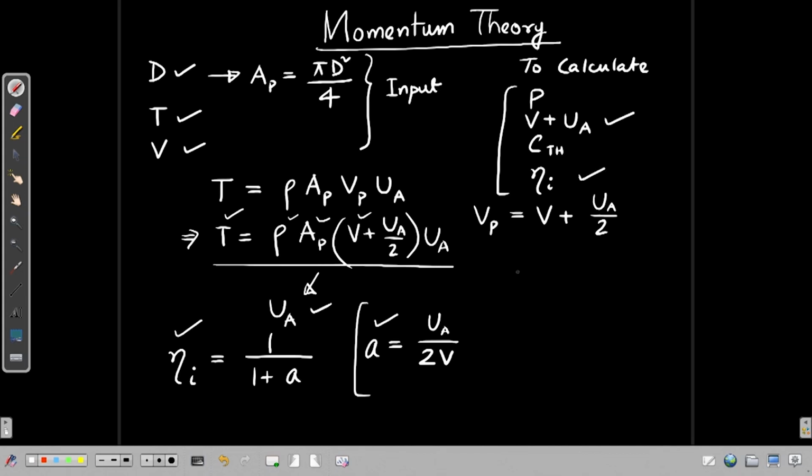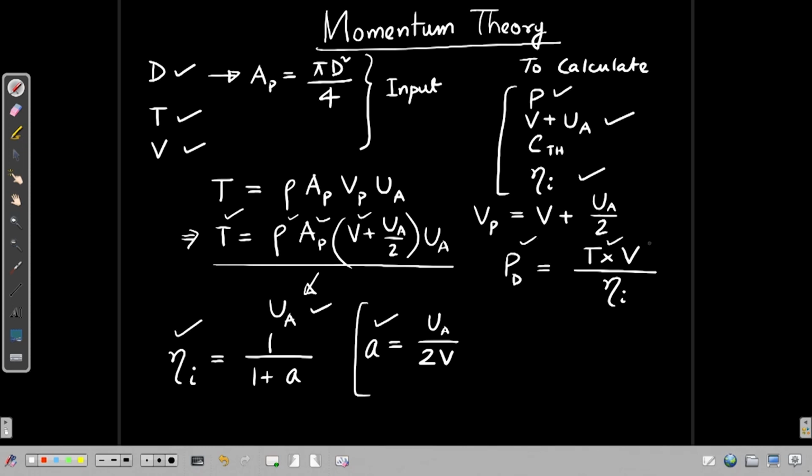Next, we can compute power delivered or power P, however we may write now here, as thrust into velocity divided by eta I. We can use the output power, which is thrust into velocity divided by the efficiency to get the power which is delivered to the propeller. So, this is the same as P which is mentioned here.